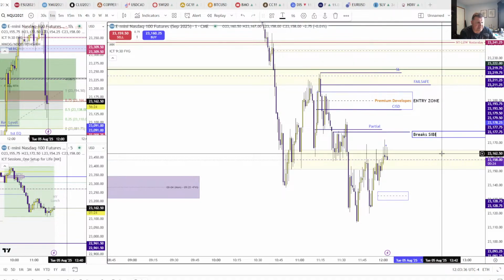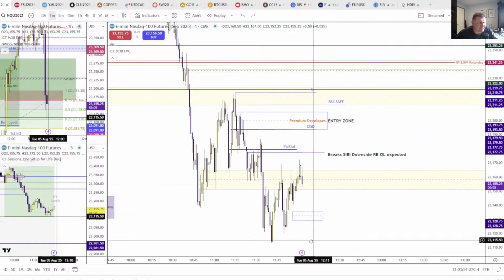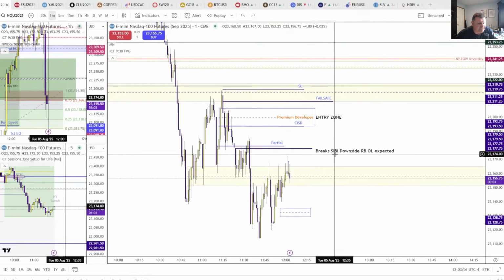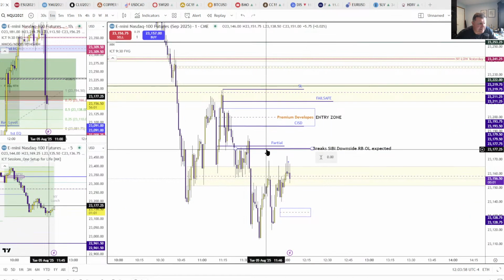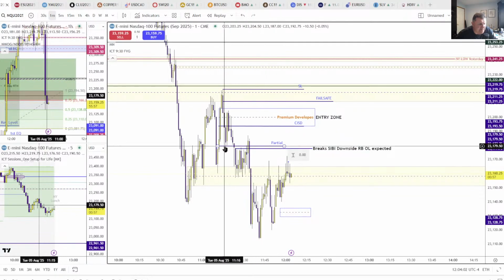It breaks SIBI. Downside. Rejection block. Old low. Expected. You line it up with that. So I broke that SIBI. There's the SIBI. Take your partial.